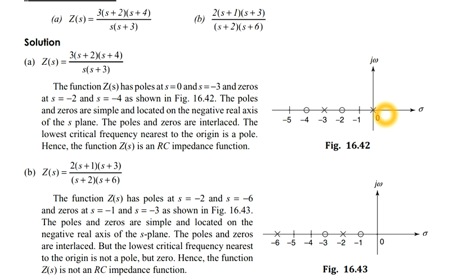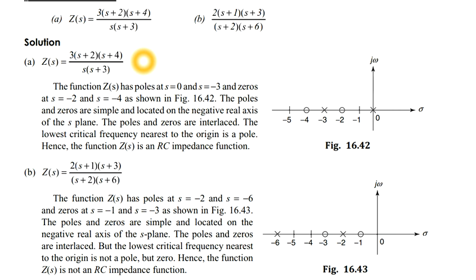The one close to the origin is a pole and the one far from the origin is a zero. Even if you check all the other properties, they will be satisfied, and you can directly write down that this given function is an RC function.